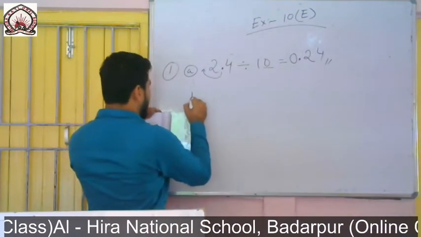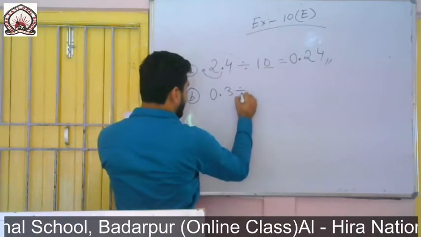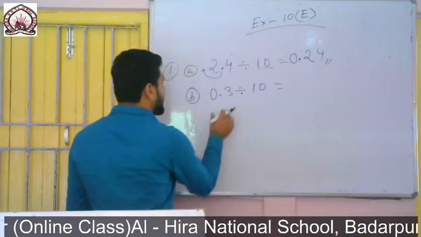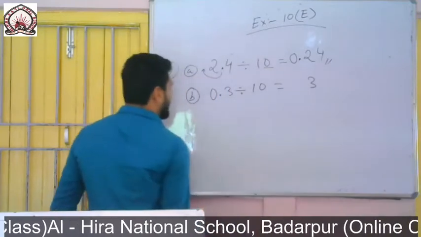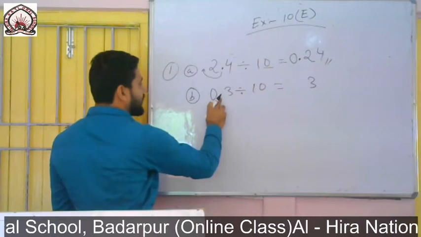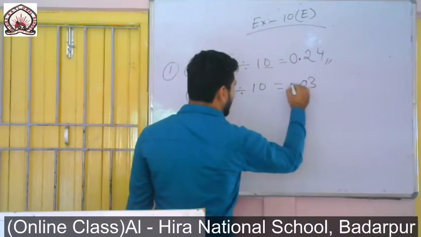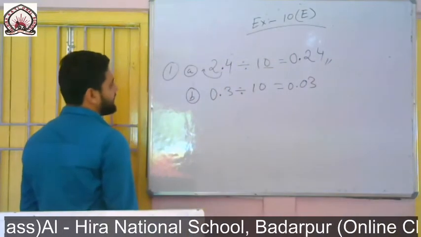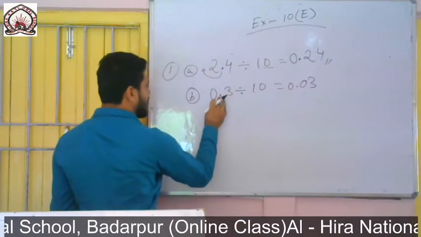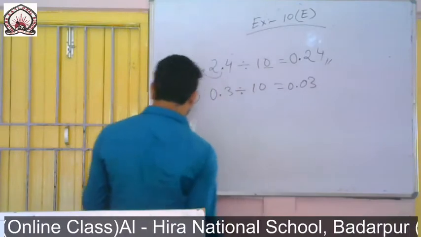Now come to B. 0.3 divided by 10. Again, write directly 3. After that you see 10, so first you write directly 03, then this decimal will shift one place left, so 0.03.